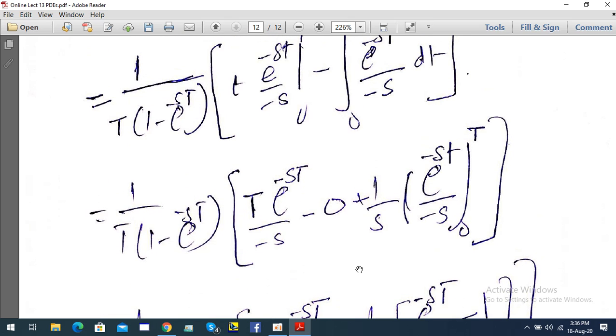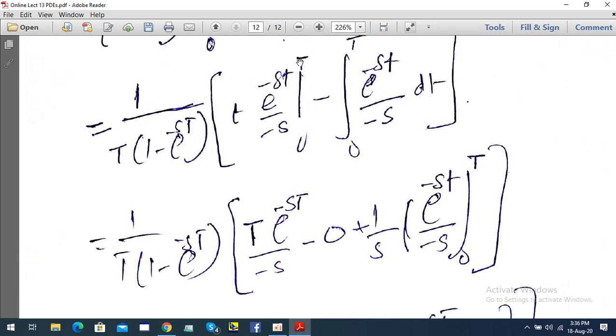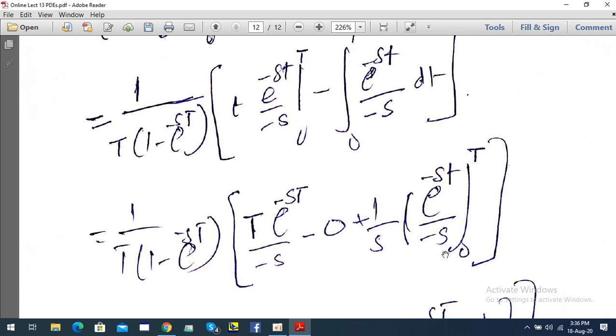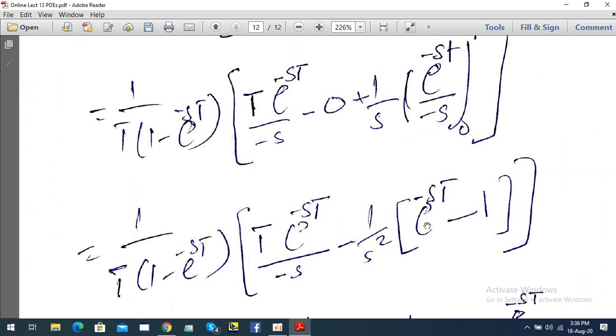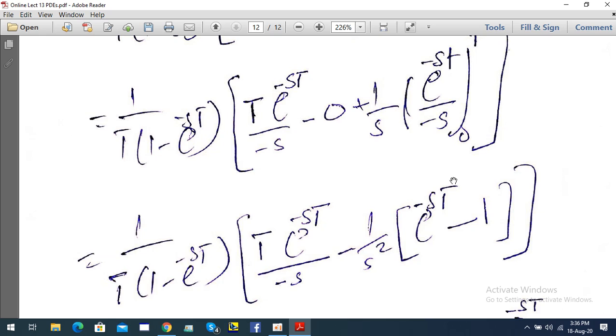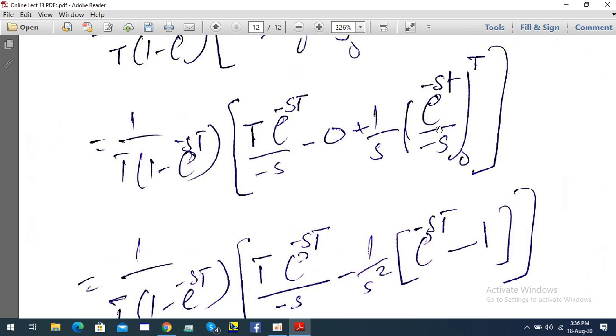After using the limits, the upper limit gives T e power minus sT over minus s, minus the lower limit, which at t equals 0 becomes 0, plus 1 over s times the integral of e power minus st, which is e power minus st by minus s. Then applying the limits, this becomes plus minus minus 1 over s square, upper limit e power minus sT minus lower limit e power minus s0, which is 1.